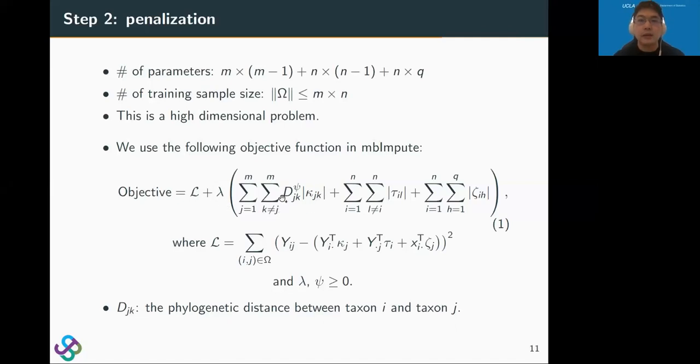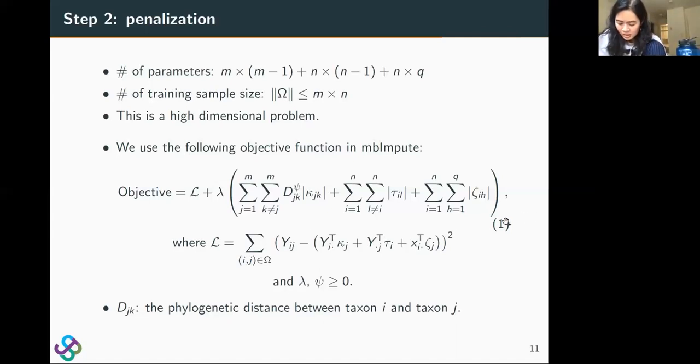If the djk is smaller, then this term will be smaller, and so it will be less likely to penalize this term. So maybe I can help explain. The smaller the distance, the smaller the penalty, so the larger the coefficient. Actually, the penalty, yeah. Oh, I see.